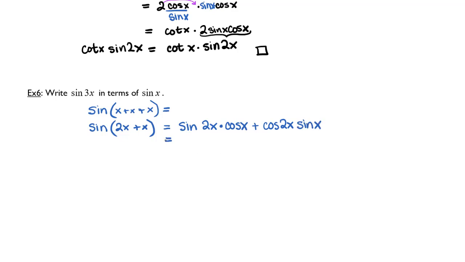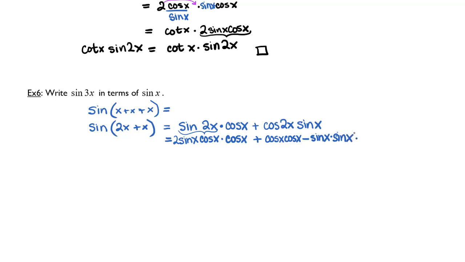And then I could expand that out further. I know that the sine of 2x is 2 sine x cosine x times cosine x, plus I know that cosine of 2x is cosine x times cosine x minus sine x times sine x.